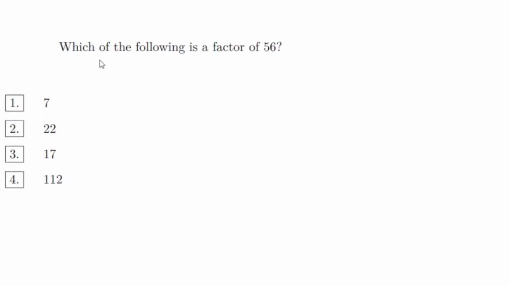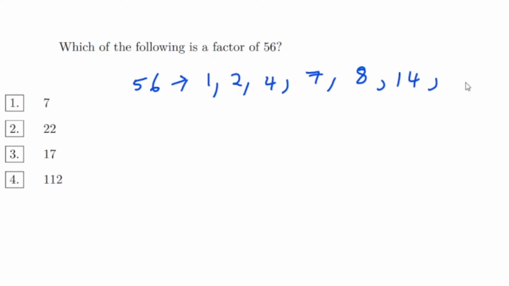Which of the following is a factor of 56? Well, to find which of these answer choices is a factor of 56, we have to list out all the factors of 56. So the factors of 56 are 1, and 2, and 4, and 7, and 8, and 14, and 28, and 56.